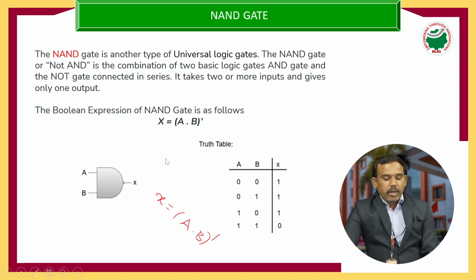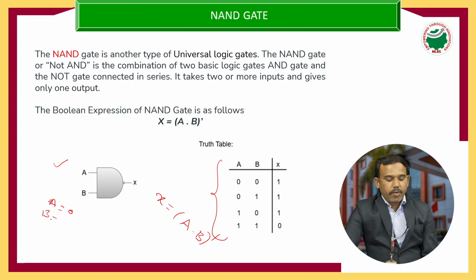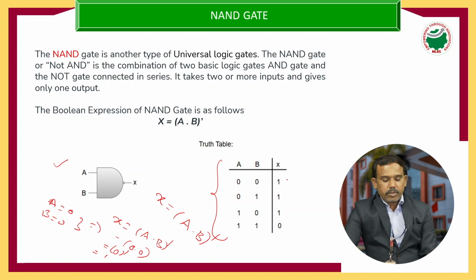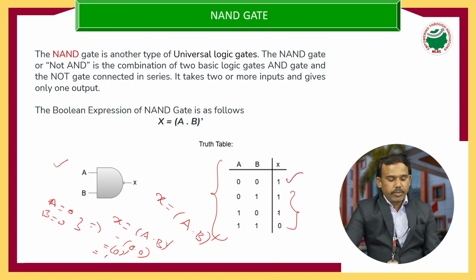This is the diagrammatic symbolic representation of the NAND gate, and this is the truth table. If A equal to 0 and B equal to 0, then X equal to (A into B) complement, that is 0 into 0, then 0 complement equals 1. So likewise, these are the truth values.